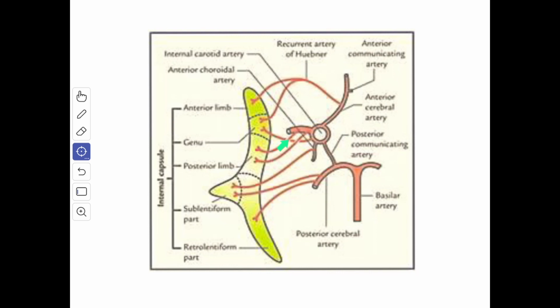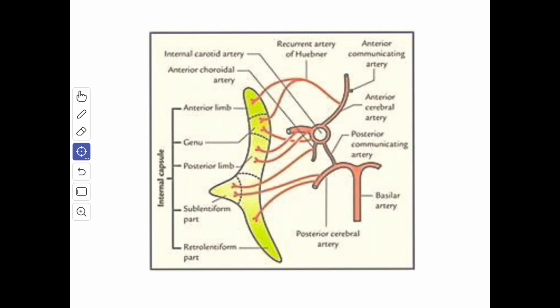One of the lateral striate branches is larger and more frequently ruptured, and it is often termed the Charcot's artery of cerebral hemorrhage. It enters through the anterior perforated substance and supplies the posterior limb of the internal capsule.